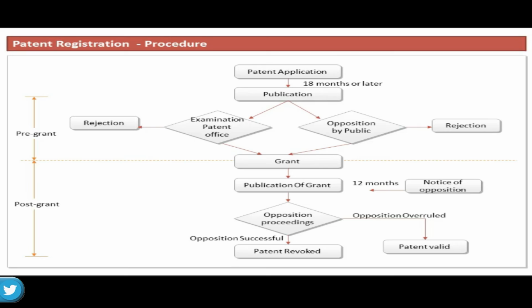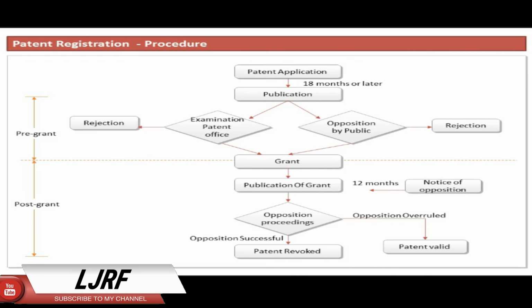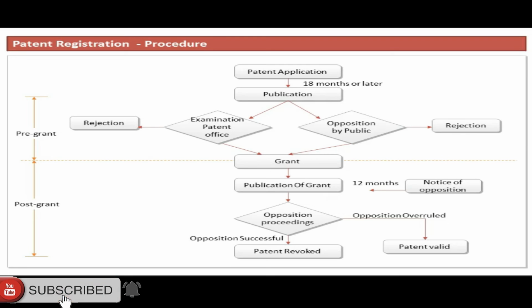And it goes without saying, if the person who is opposing becomes successful, convincing the patent office that he has got something similar to this, and that your supposed claim is not a claim at all, it's already existing, it's not complying with the requirements of patent under patent law, then there is a rejection.